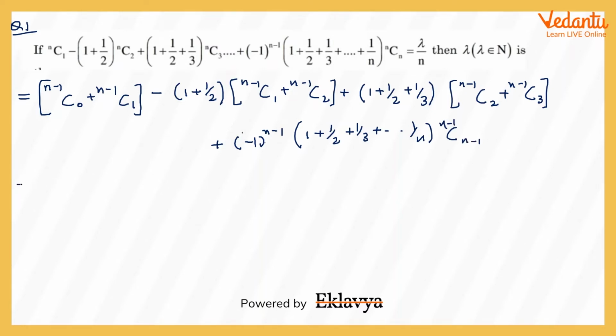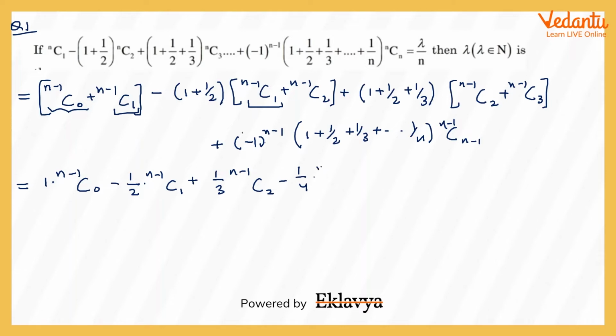Now please notice one very important thing here. (n-1)C0, if you see, there is only one term, so I will write this as 1 into (n-1)C0, whereas (n-1)C1 is coming at two places. So this 1 will be cancelled here, so we get 1 minus 1/2 (n-1)C1, and then 1/3 (n-1)C2, then minus 1/4 (n-1)C3, and so on.